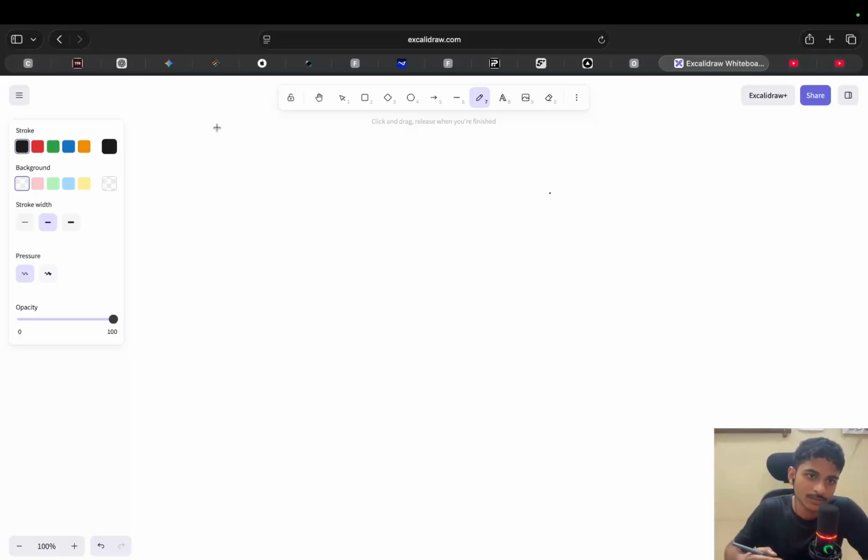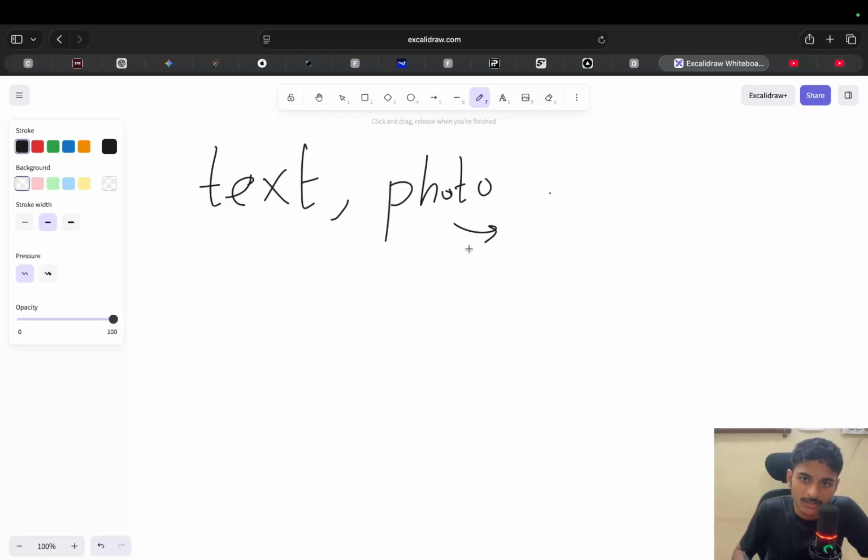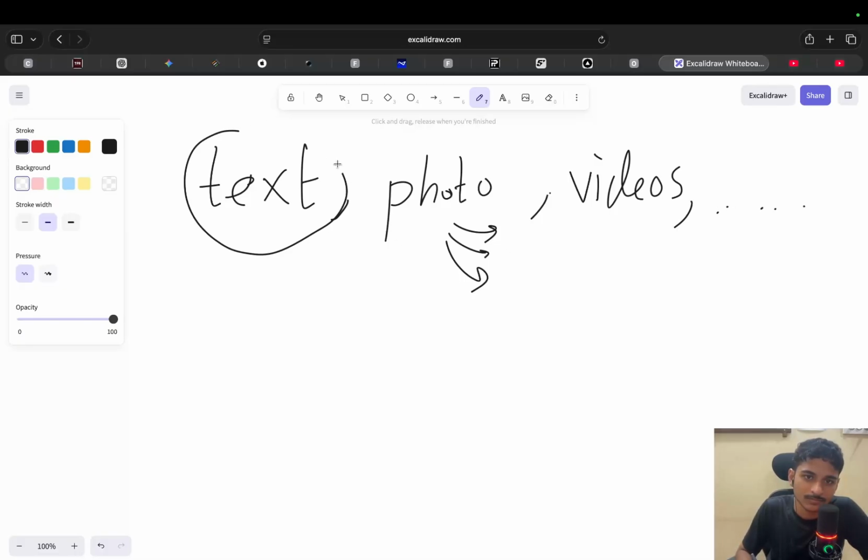How do we store data? We store it in the normal text form, right? We store it in pictures, photos, and it has many different types maybe. And we store it in videos, etc., right?